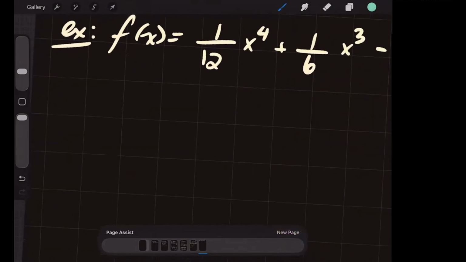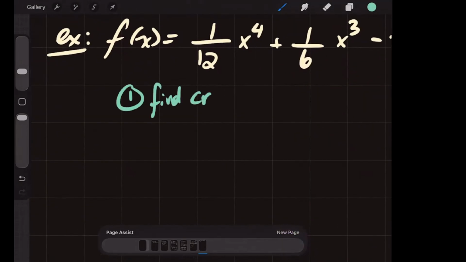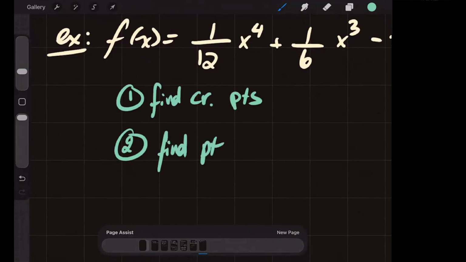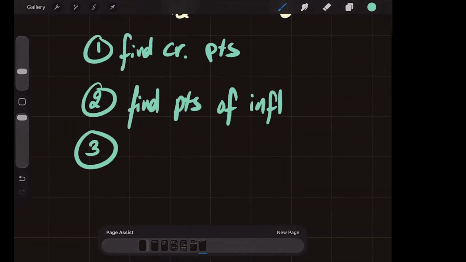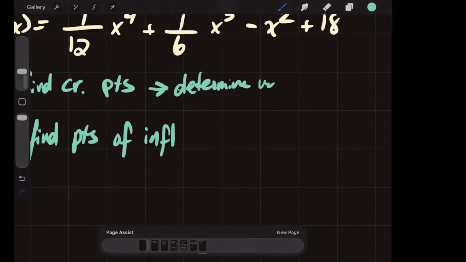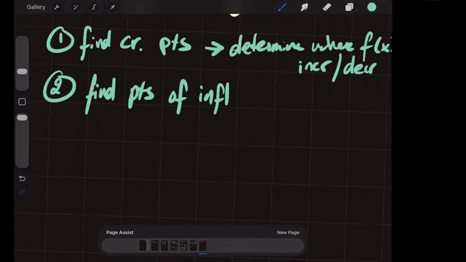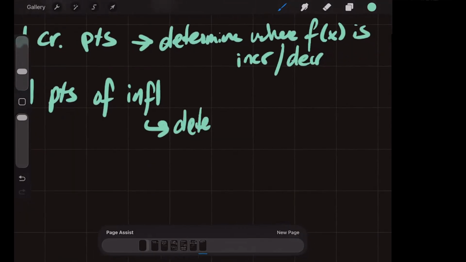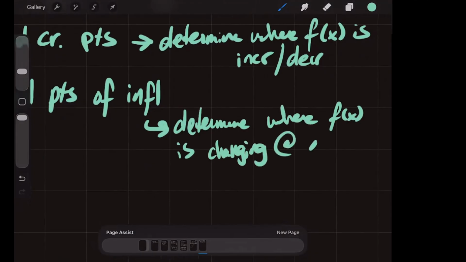I want you to, 1, find critical points, and 2, find points of inflection, and 3, I guess as part of the critical points, determine where f of x is increasing or decreasing, and as part of 2, determine where f of x is changing at an increasing or decreasing rate.